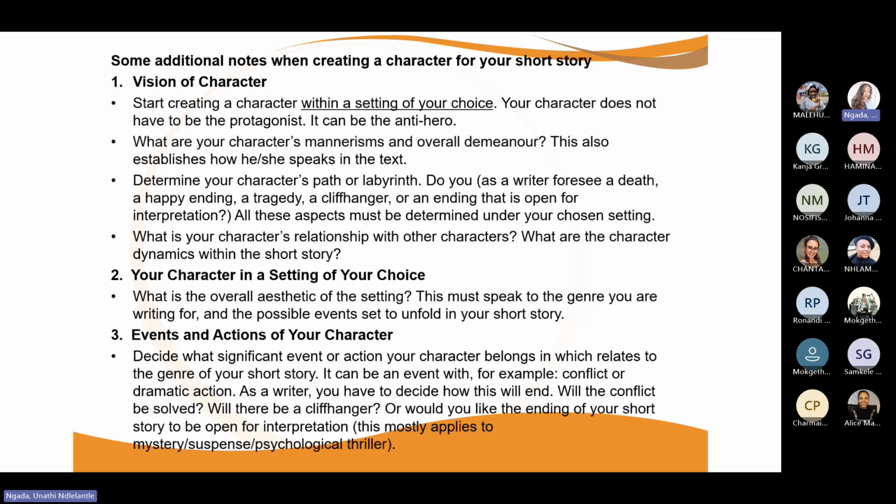The actions that he or she does, the outside world will perceive to be wrong. But from his perspective, his actions are done for the greater good. So think of that when I say anti-hero.